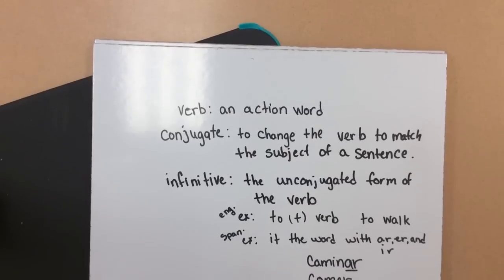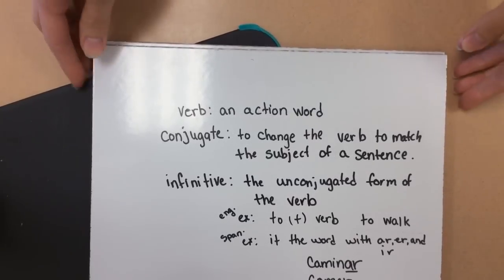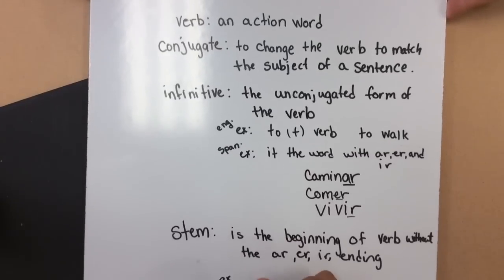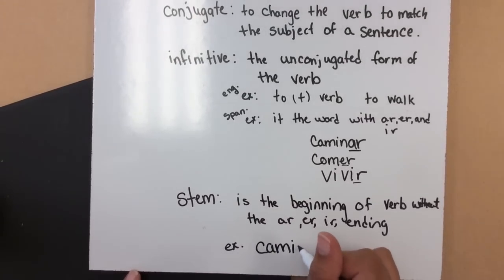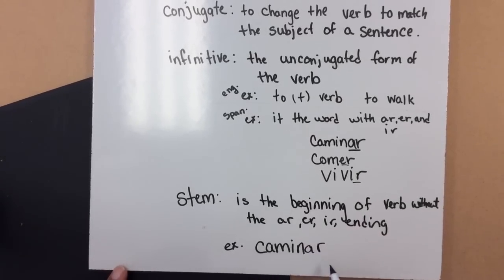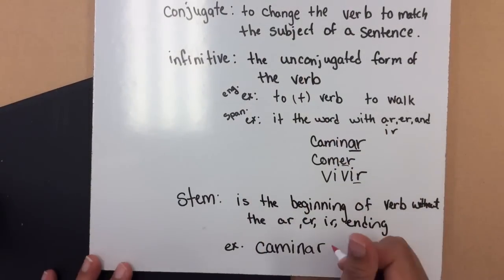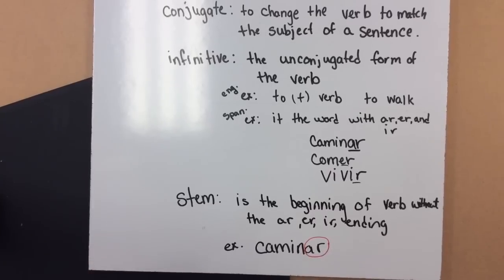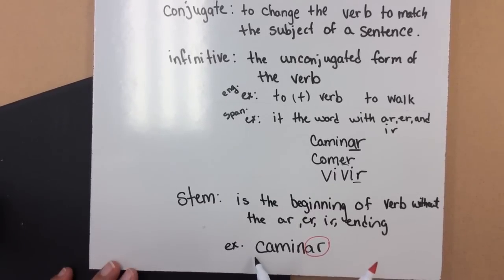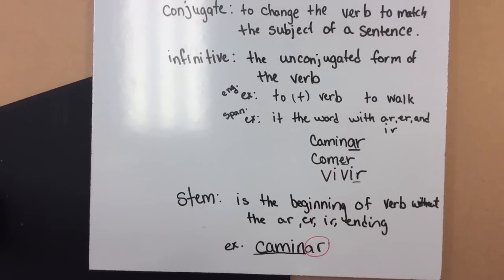Let's look at one of the words that we've already done. For example, caminar. Notice that here is your ending. And everything but the ending, C-A-M-I-N, camin, is the stem.